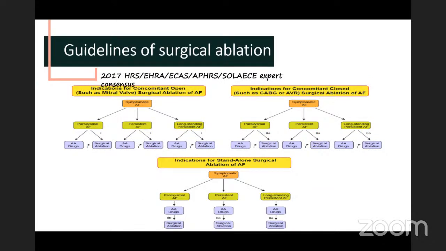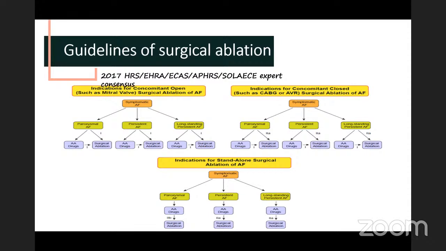If you go to the guidelines for surgical ablation, the latest one is 2017, the European guidelines, expert consensus. They classified the surgical indication for treating AFib into three main categories. The first category is the indication for concomitant surgical ablation with mitral valve surgery, or open heart surgery.